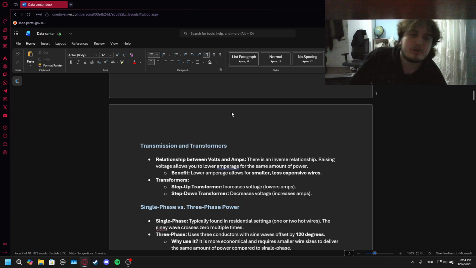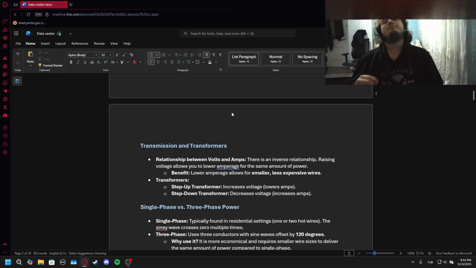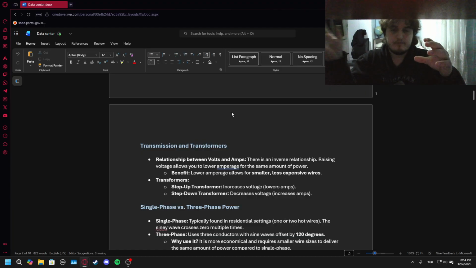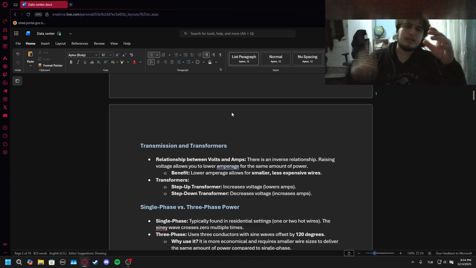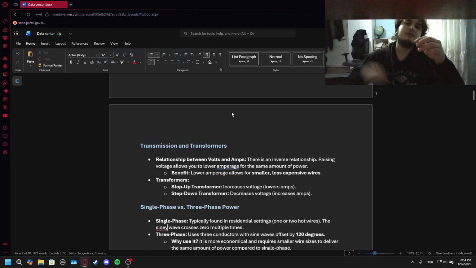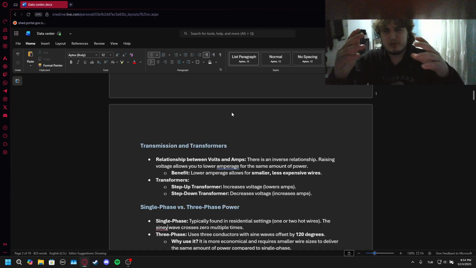Transformers are used to convert the voltage and amperage we want. Let's say you want lower amps but a higher voltage, so the potential is high. You use a step-up transformer. It increases the voltage and lowers the amps.